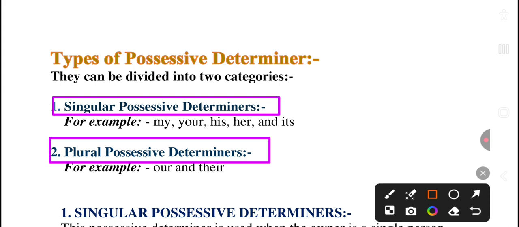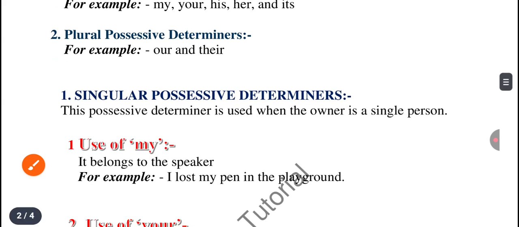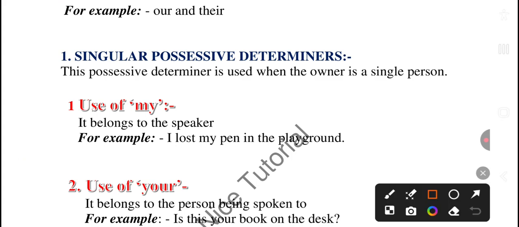Now we will learn about these determiners in detail. At first, singular possessive determiners. This possessive determiner is used when the owner is a single person.